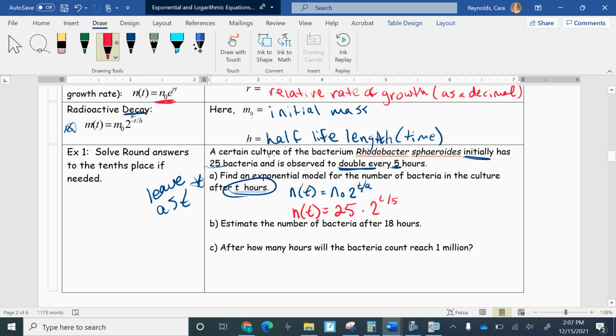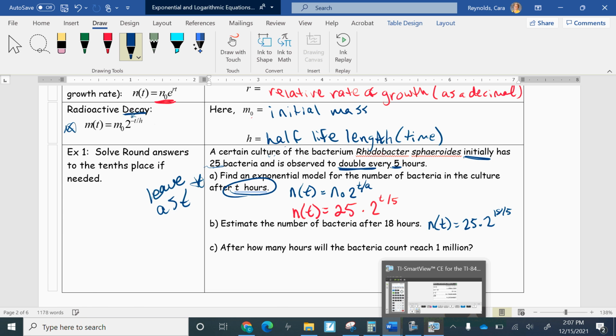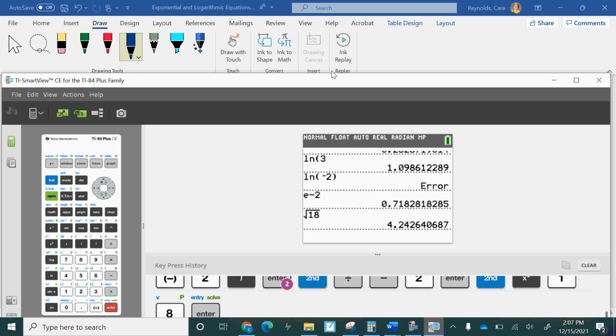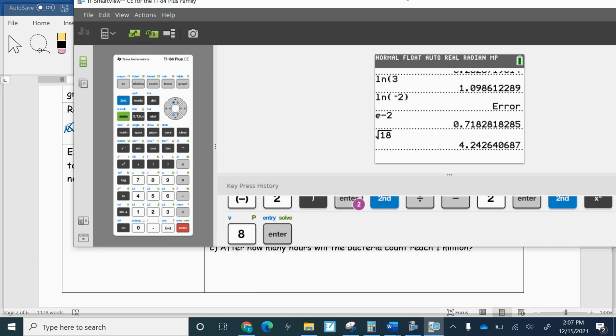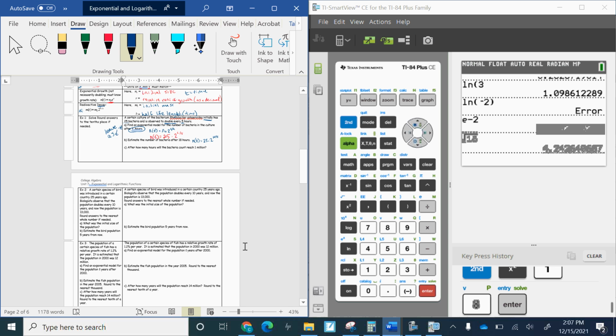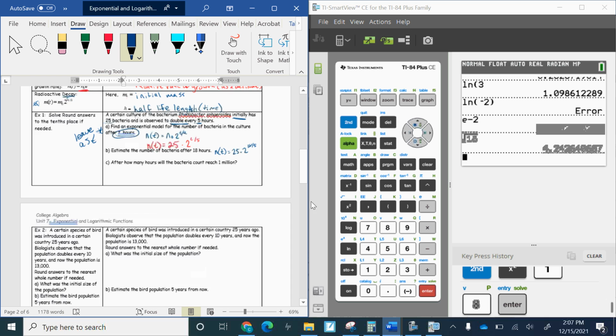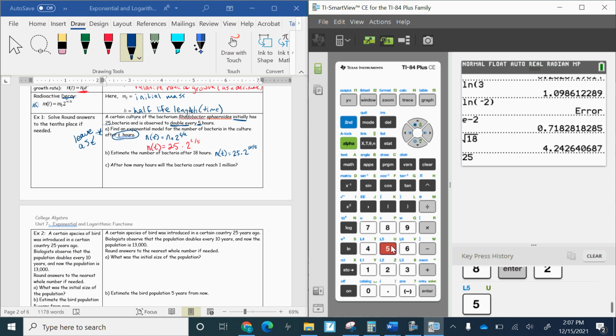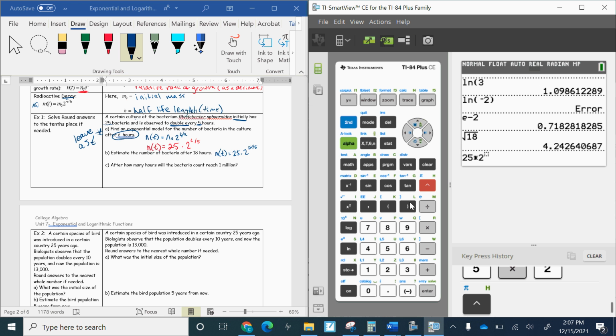Estimate the number of bacteria after 18 hours. And so we're going to use that same formula. 18 over 5 and plug that into your calculator here. And so we have 25 times 2 raised to the 18 over 5.